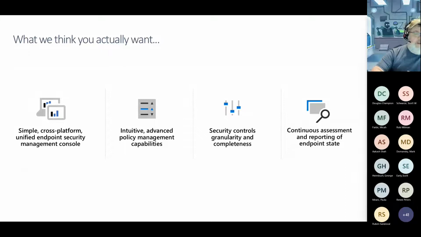You have no way of getting policy to that machine from the endpoint protection side of the house, from the firewall side of the house, unless you're doing things like group policy or local policy on those machines. We want something that's really easy, something that has granular control, and it's constantly assessing and reporting back to you the state of that endpoint.